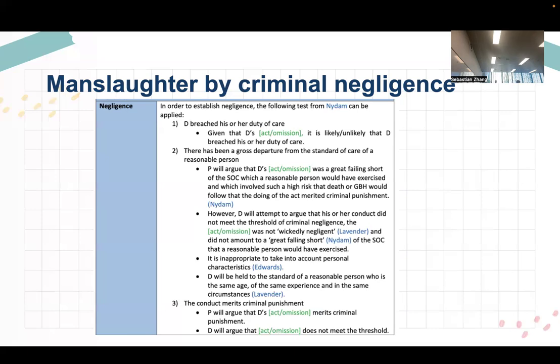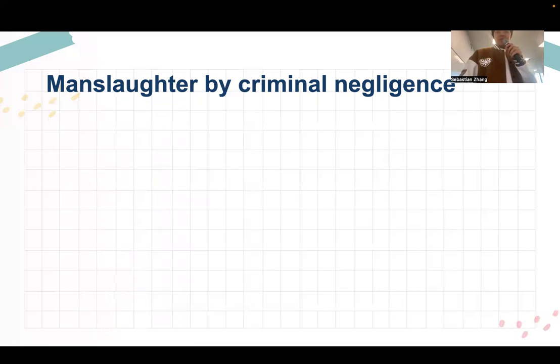So you see, there are quite a fair few different ways to do this. One is obviously you could do it by elements again. You could say death, causation of a human being, and then by act, by omission, and then you do the MR. Or you could just simply go back to this idea of the test over here.